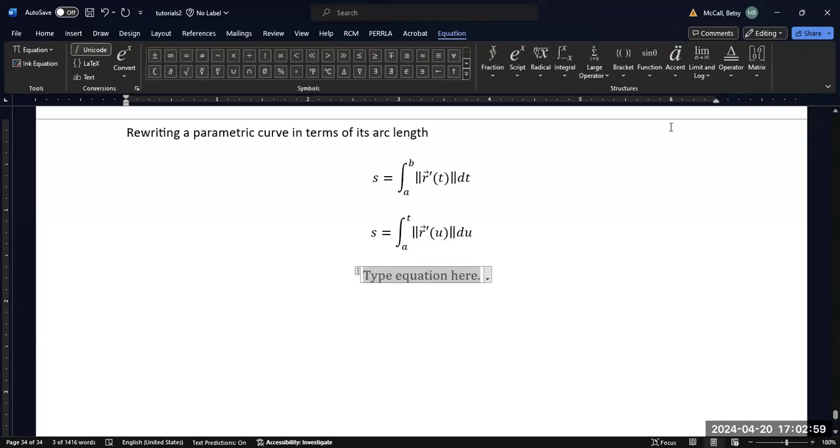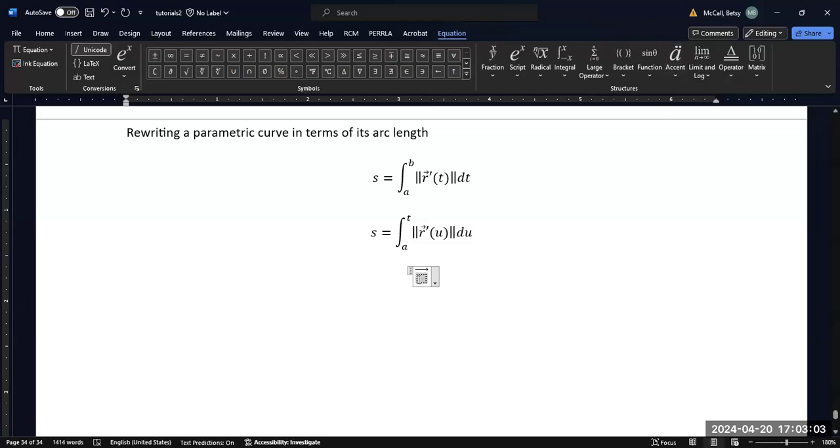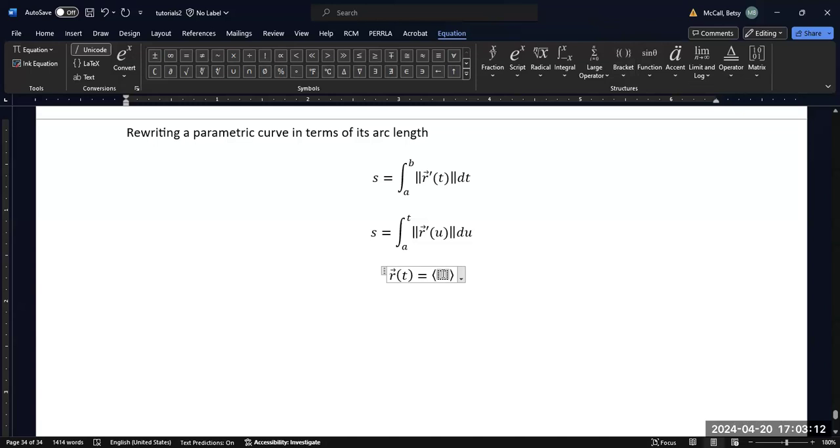So let's start with a nice straightforward example of a helix. Helices are always nice because the math usually works out pretty well. So let's just try something straightforward: cosine t, sine t, and t.